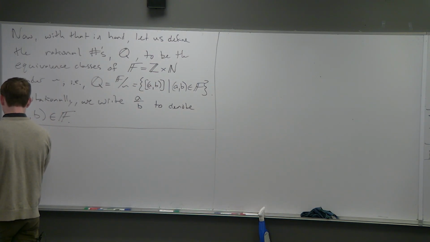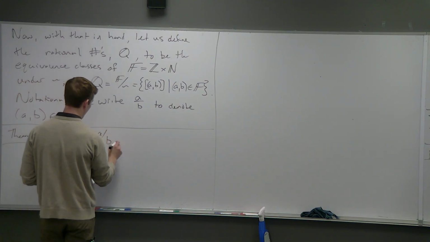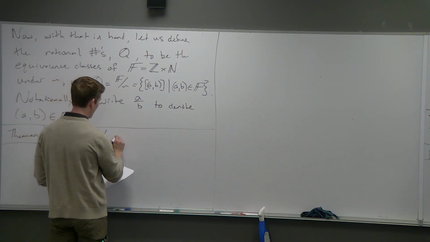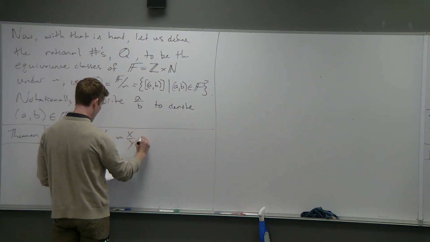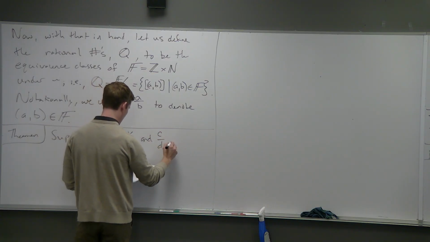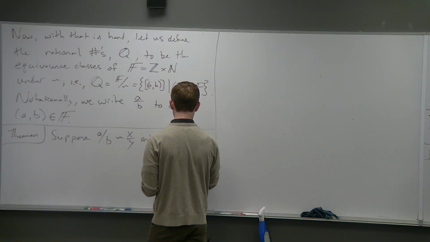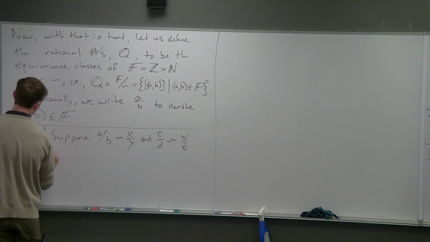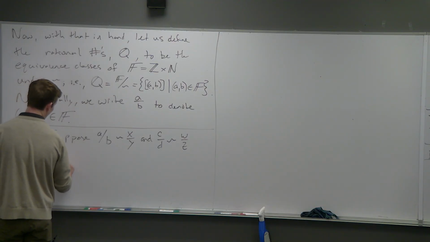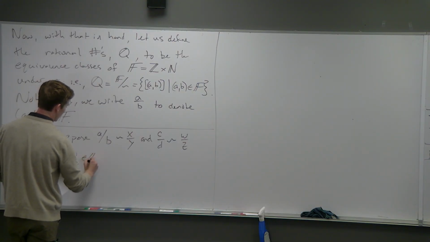Okay, so here, theorem. Suppose A over B is similar to x over y, and C over D is similar to W over Z, for A over B, C over D, x over y, W over Z, all in our F here.